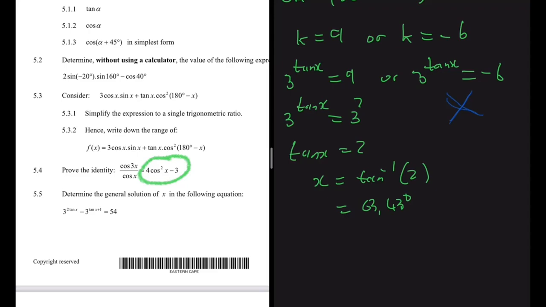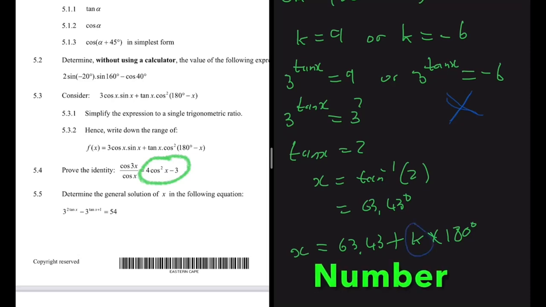So the right way of writing it, you say that x is equal to 63.43 plus some constant k multiplied by 180 degrees, right? And then 180 degrees is the range of tan, and k should be a whole number.